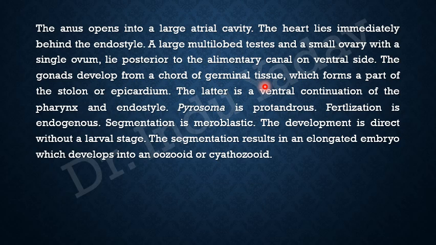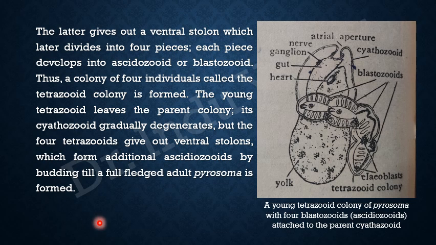The segmentation results in an elongated embryo which develops into an oozooid or cyathozooid. Here you can see the structure of a cyathozooid. From the stolon, a new individual is formed, known as the cyathozooid.